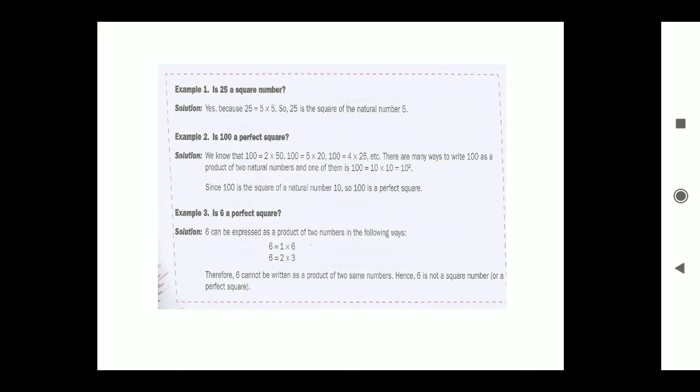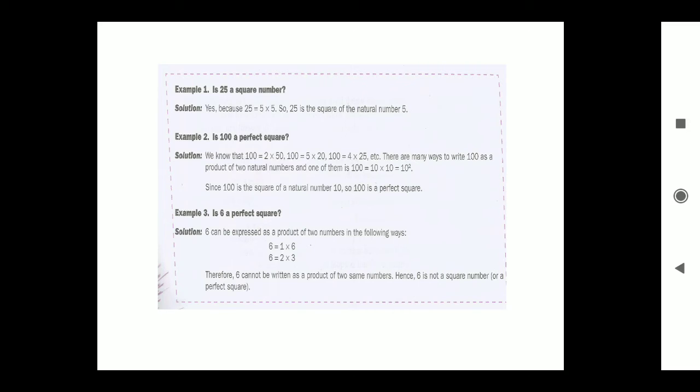Example 1. Is 25 a square number? Yes, because 25 is equal to 5 into 5, so 25 is the square of a natural number. Please students, write it down in your school register or rough register. Example 2. Is 100 a perfect square?